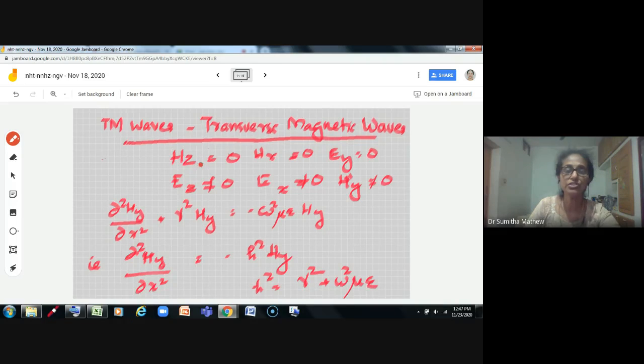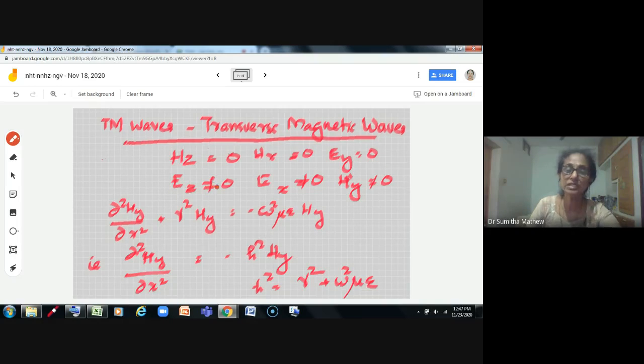So which is the direction of propagation? Z. So Hz is 0 in the Z direction. That means the H component can be present in the X or Y direction. Okay. So Hz is equal to 0, and we had obtained that when you give Hz equal to 0, Hx equal to 0 and Ey equal to 0.